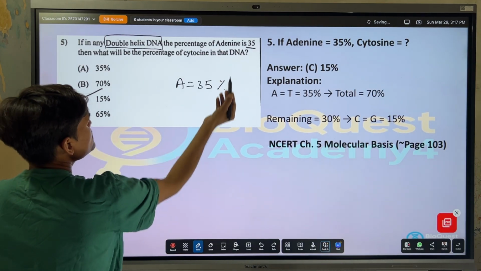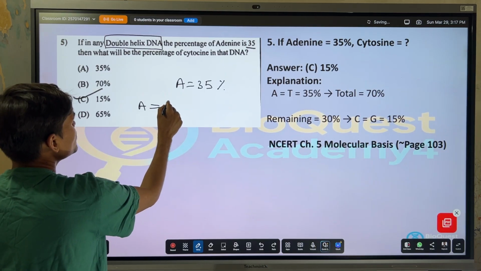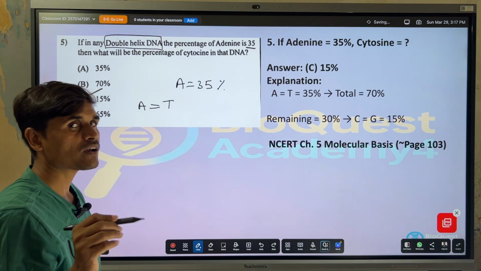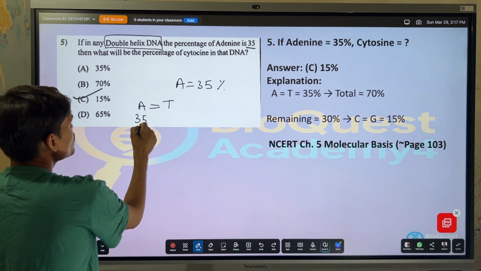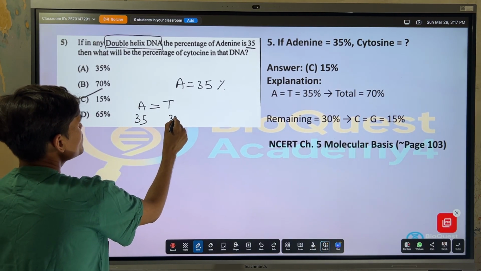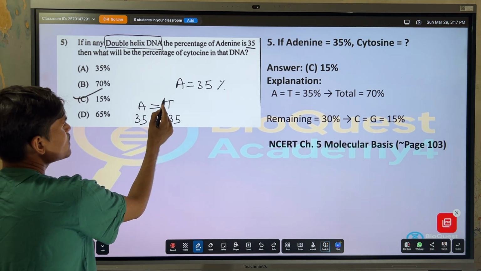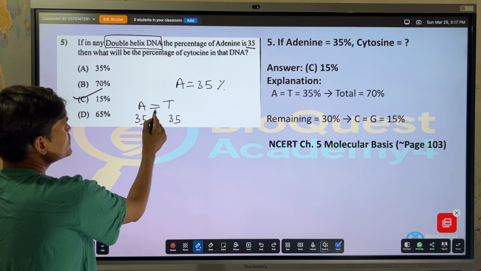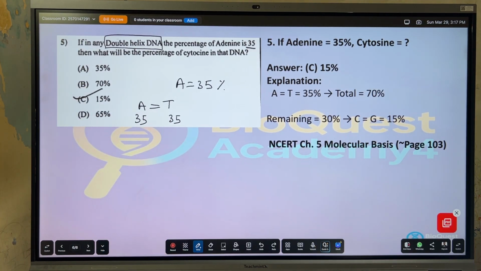When A is 35, we know A is always equal to T according to Chargaff's rule. It means if adenine is 35, obviously T is also 35, because adenine will bond with thymine with a double hydrogen bond.